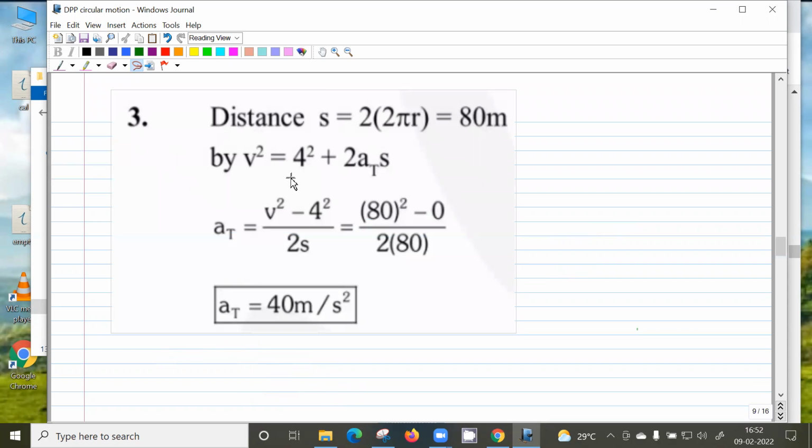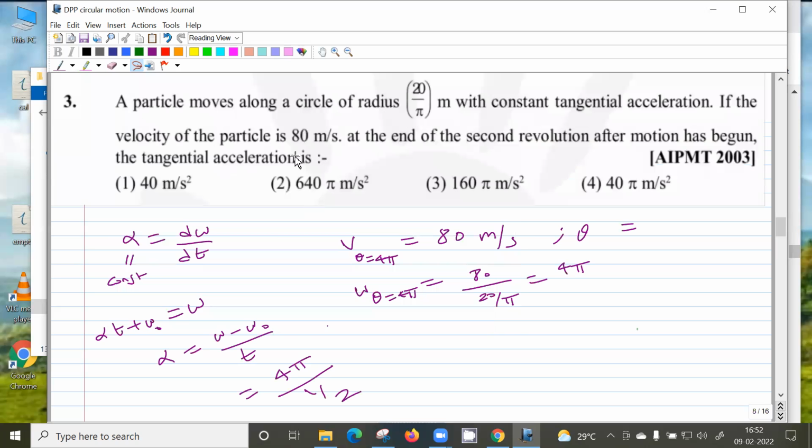He has put initial velocity as 4. But sorry, it is 0 there. I think this is 0. It's starting from rest, I think. No, there is a mistake there.